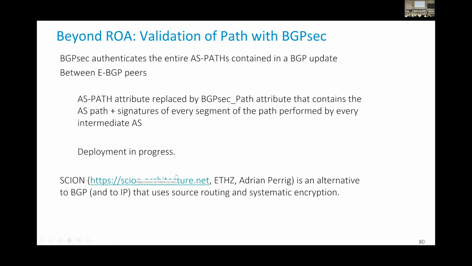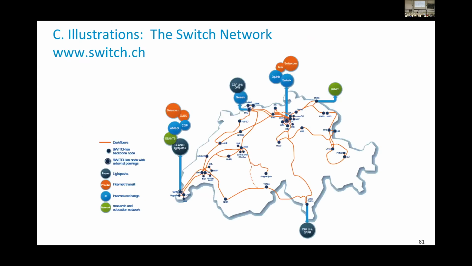In this course, we don't have time to discuss in detail, but if you're interested, I encourage you to go to this here. It's not so easy to read, but it's certainly very interesting. And the future will tell whether this or other similar attempts to radically solve these security problems of BGP will be possible.